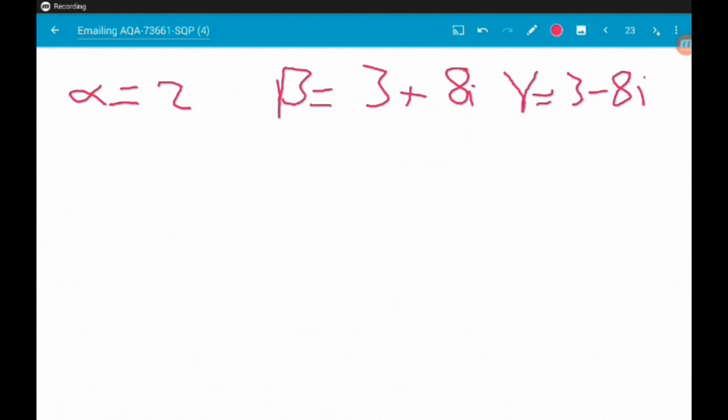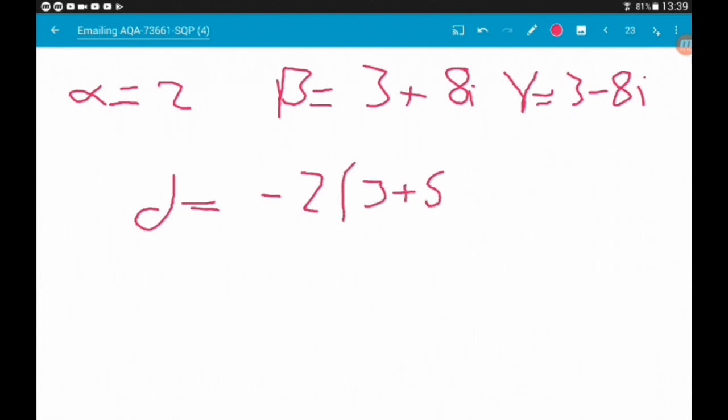Probably the easiest of the two is d. Now d, the number at the end of the cubic, is the negative of the product of the roots. So d is minus 2 lots of 3 plus 8i times 3 minus 8i.